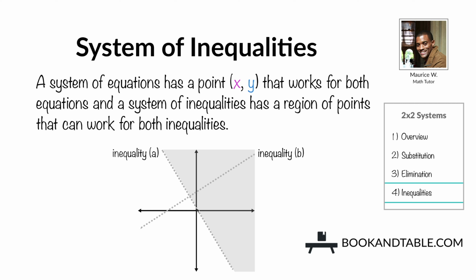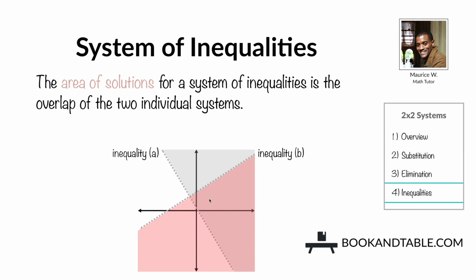Now, for an inequality, when you have greater than, the points above that line are the solution to that inequality. When you have less than, it is the points beneath that line. So this shaded region here represents greater than inequality A. And this shaded region here beneath inequality B represents the solutions for less than inequality B. Now, where these two areas overlap would be the area of solutions.